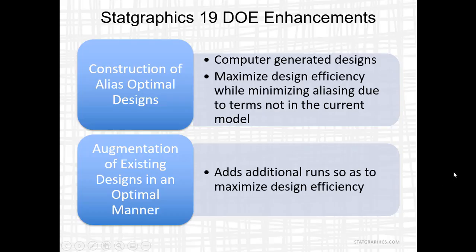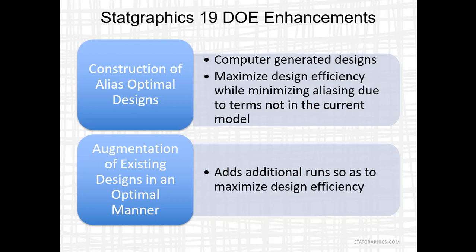Now, there are two major features that have been added to the Statgraphics 19 Design of Experiments wizard. The first is the construction of what are called alias optimal designs.